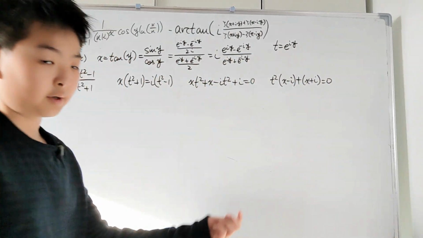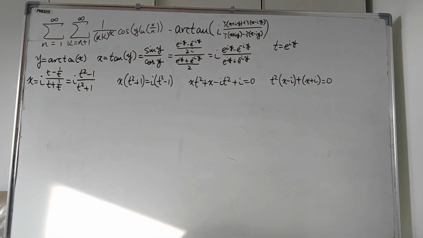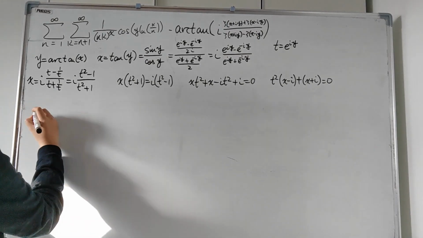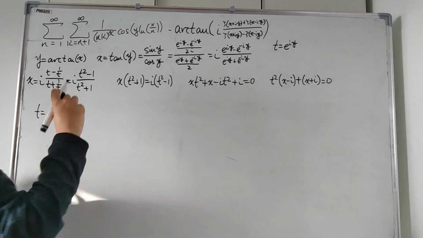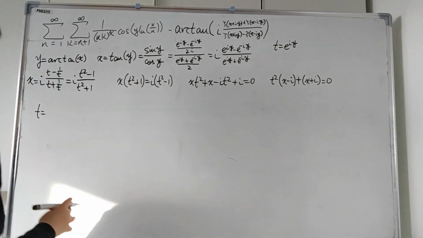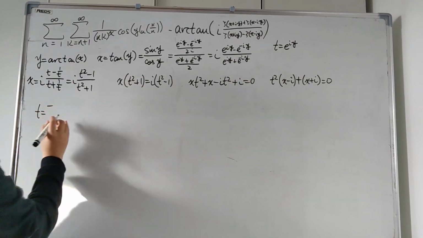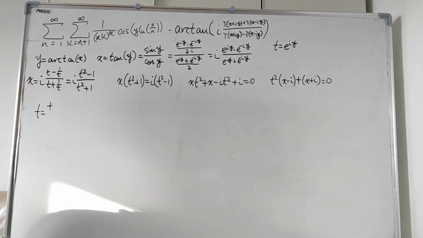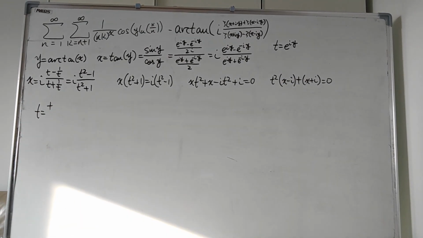And so we can use the quadratic formula. I'm not really sure if the quadratic formula works with imaginary numbers, but I'm going to assume it does. In this case, we have t equal to, b here is just 0, so it would just be plus or minus. Although I feel like I'm going to go with the plus root for this one, no idea why.